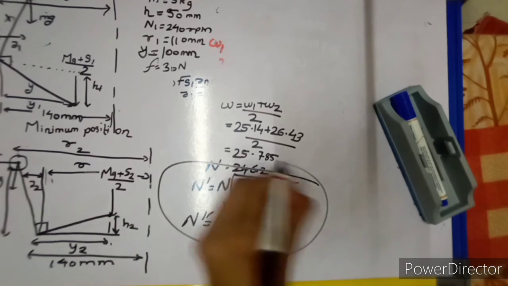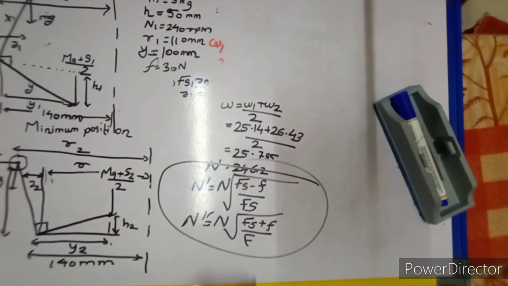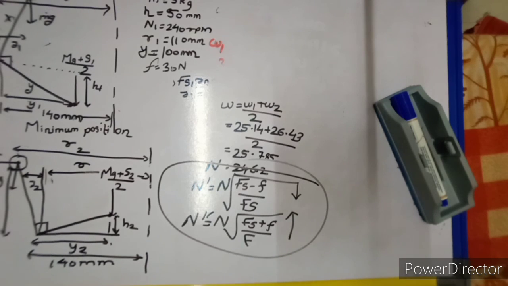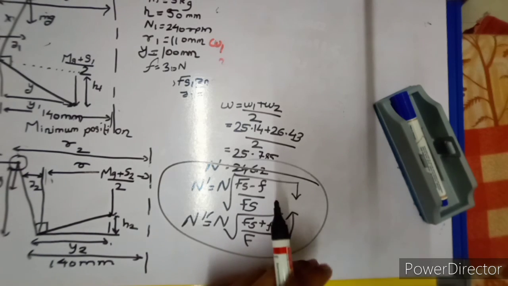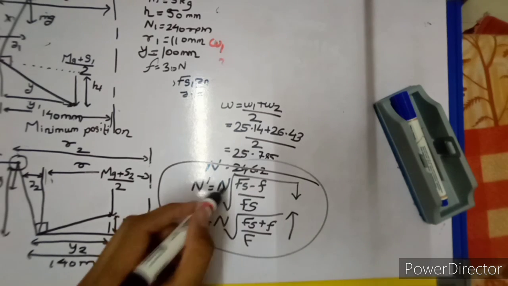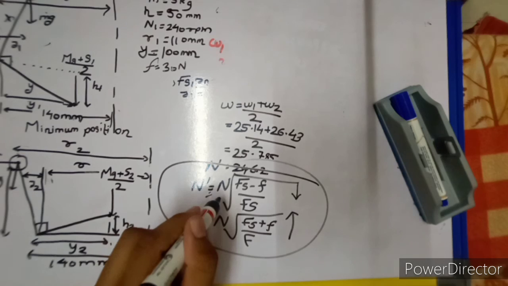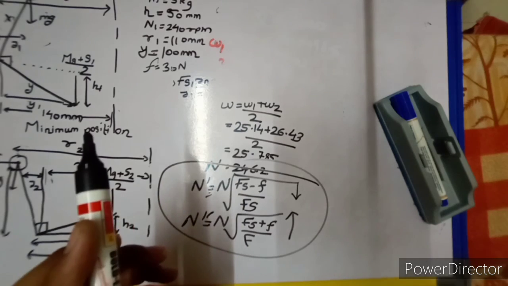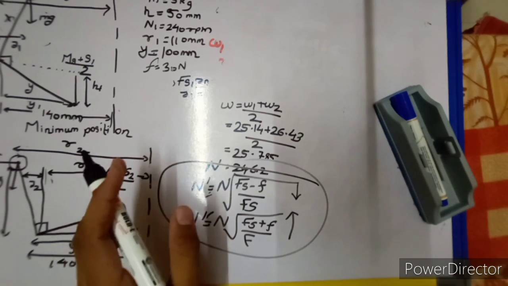So these are the two new formulas, when the sleeve moves downward and when the sleeve moves upward from the mid position. Remember this formula, this is a standard formula. Just substitute the values, you will get n double dash as 249, n dash as 243, and the difference will be 6.